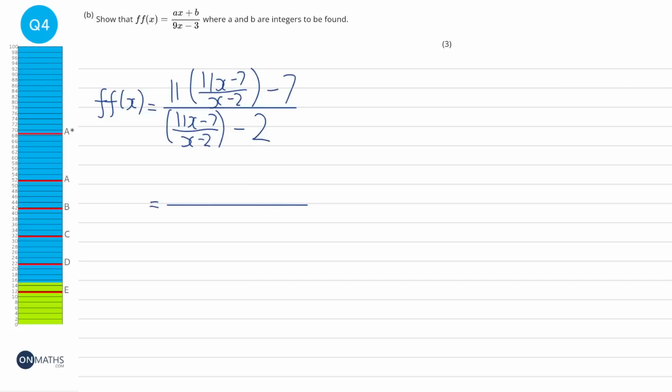So we're going to get rid of the brackets, so we're going to multiply them out. So it'll be 121x minus 77 over x minus 2, take away 7, and we just get rid of the brackets here.